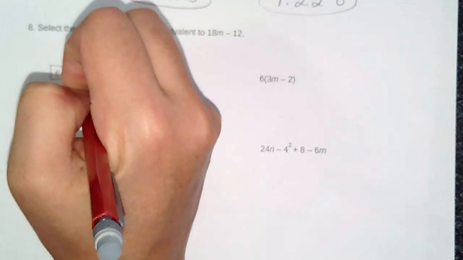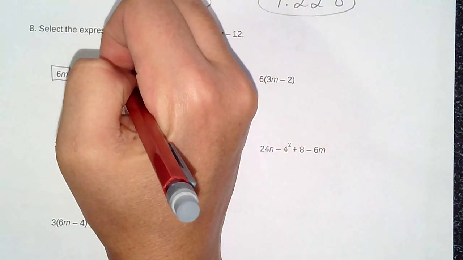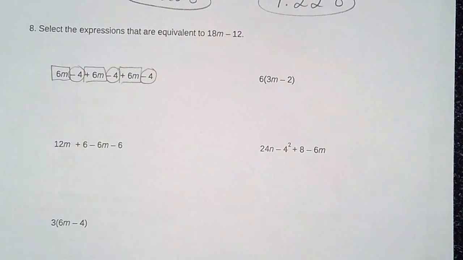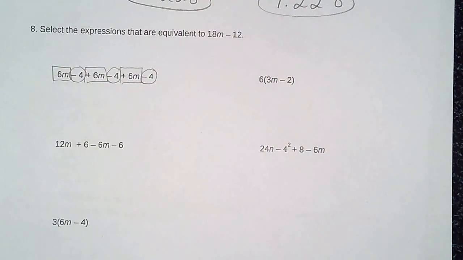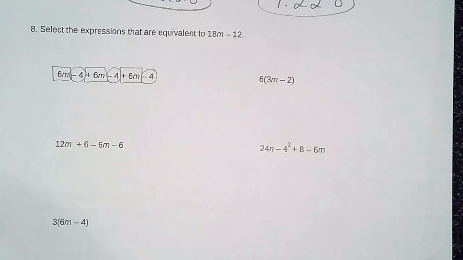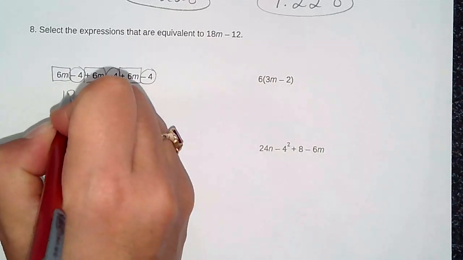Then I have minus 4, minus 4, minus 4. All right, so 6 plus 6 plus 6 is 18m.